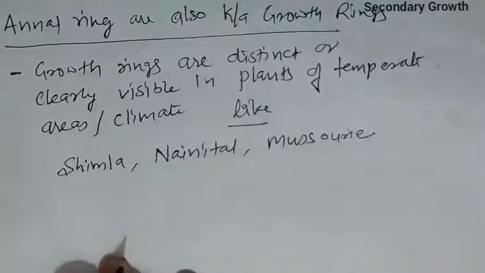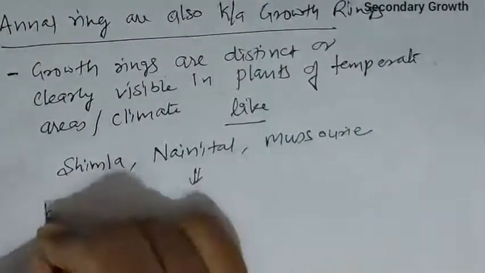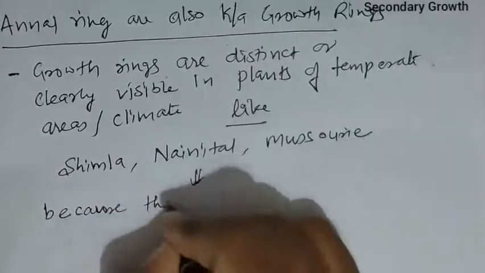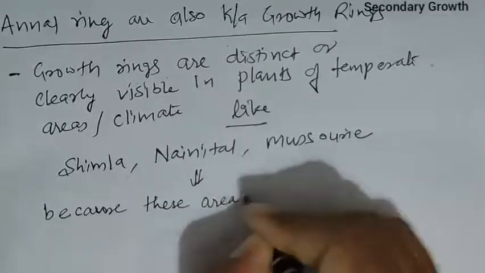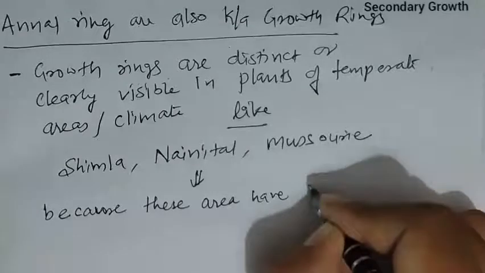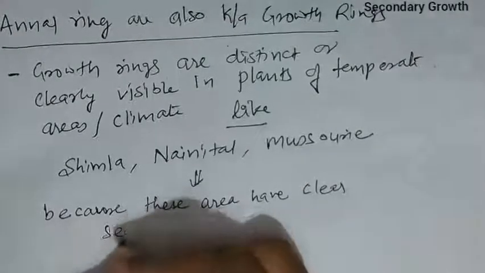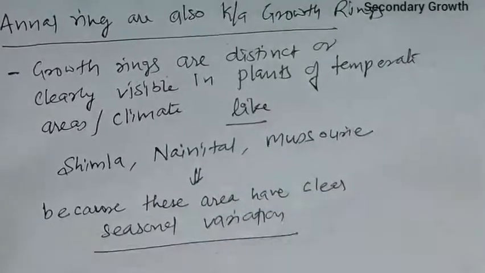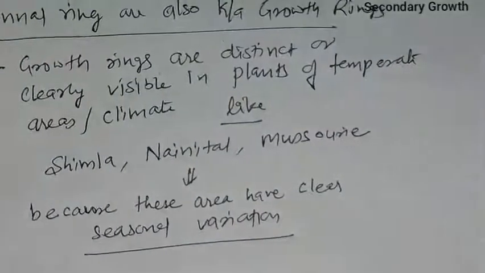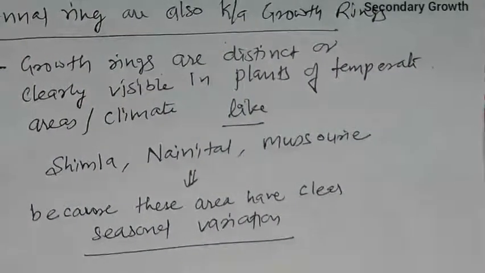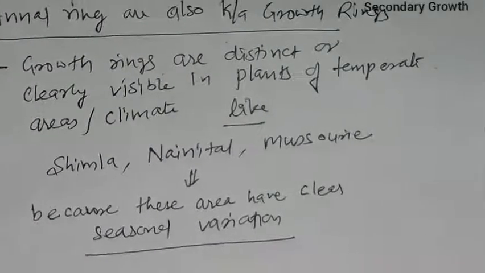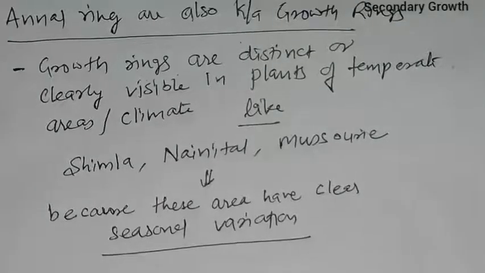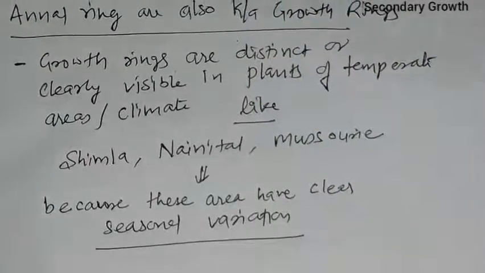In these areas you will find a temperate climate, and growth rings are clearly visible because these areas have clear seasonal variation. Okay, so because of this they are clearly visible. But they are not clearly visible in tropical regions because the contrasting seasonal variation is not visible. So this is about annual rings and spring wood and autumn wood.